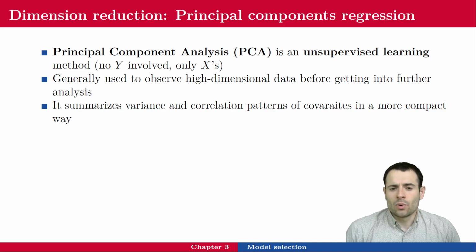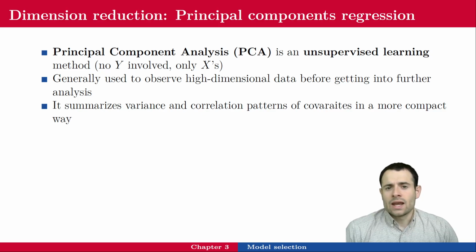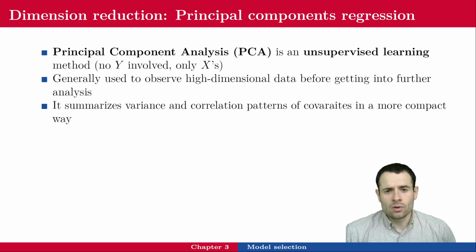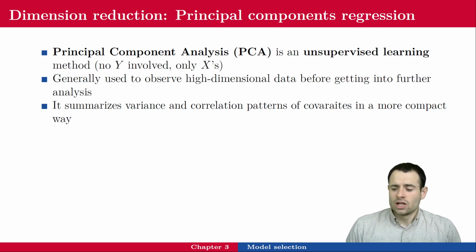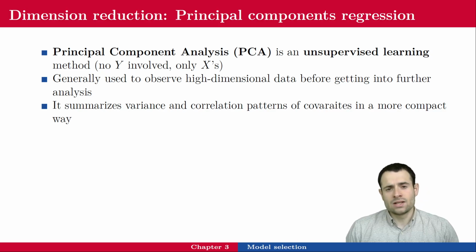Using principal component analysis can help us summarize the variance of 100 variables into maybe 20 variables with a minimum amount of information loss. So we won't lose a lot of information, however, the dimension is going to be tremendously reduced, which will avoid overfitting.